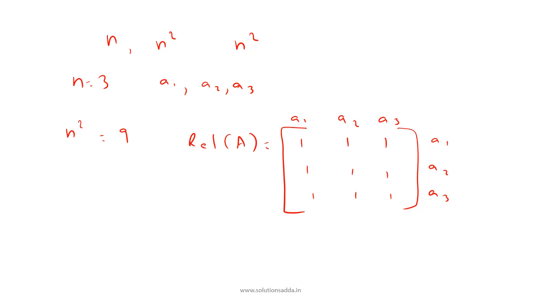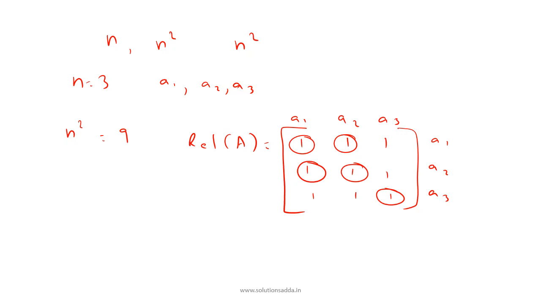So A1 is related to A1, A2 is related to A2, and A3 is related to A3. So reflexive property is satisfied. Similarly, symmetric property: A1 is related to A2 and A2 is related to A1. Similarly, all these properties, reflexive, symmetric and transitive, are held by this relation.